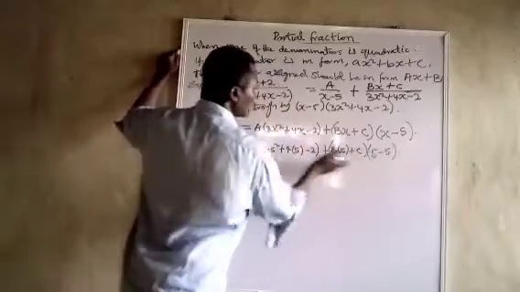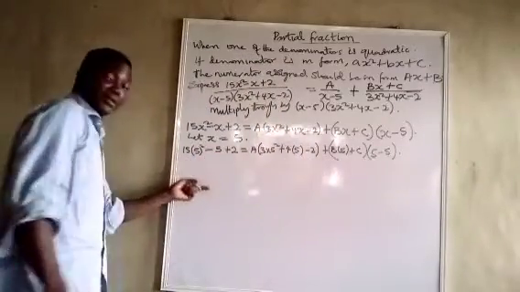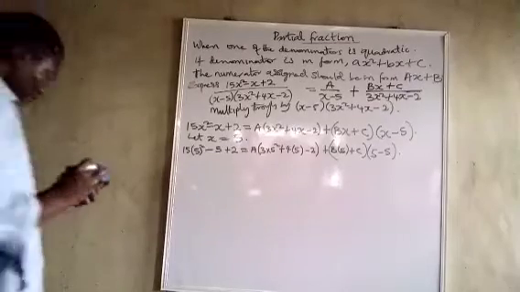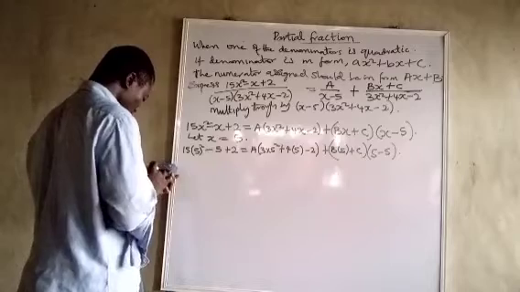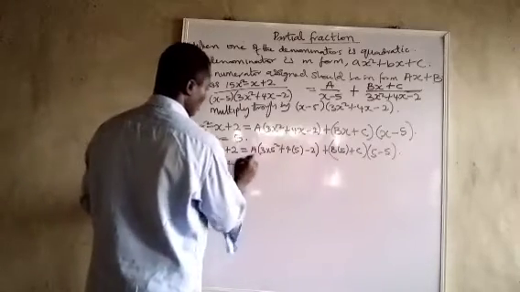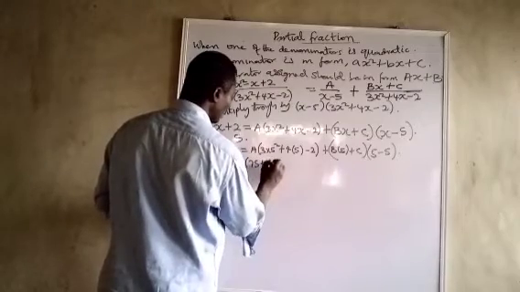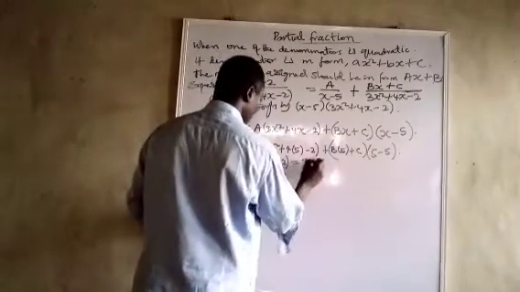You can see this one gives me 0 straight, so I can easily find my A. 15 times 25 gives 372, which is equal to A into 75 plus 20 minus 2, and this is equal to 93A.